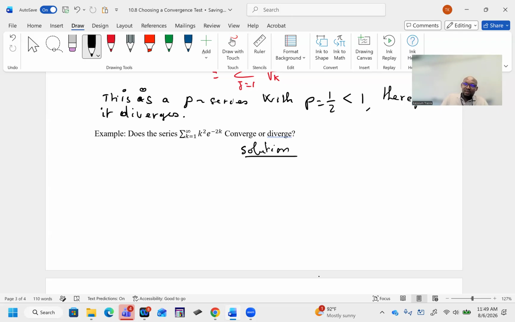So again, my a sub k, which is k, should be equal to f of k, which is what? k squared e to the power of negative 2k. So we'll set our f of x as x squared times e to the power of negative 2x.